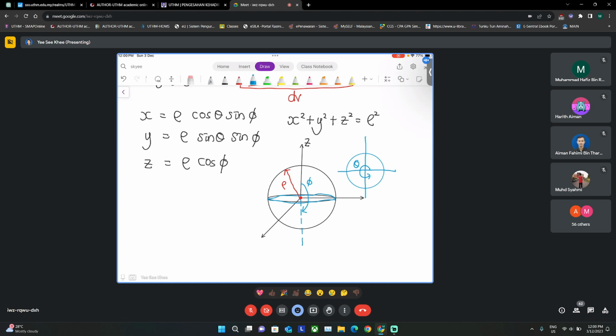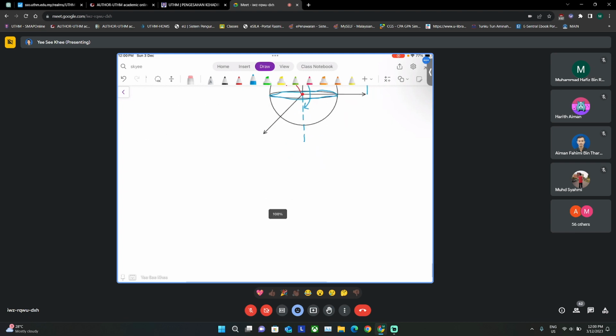All right, so let's look at one example. Example 2.30, the first exercise in your module, page 88. Sketch the solid bounded above by a sphere.